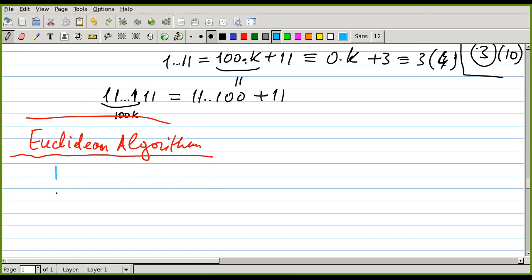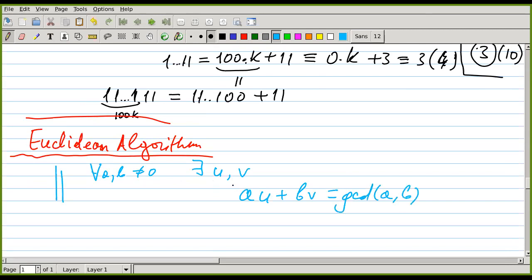We know that for every a and b, which are non-zero, there exist two numbers u and v, so that au plus bv equals the greatest common divisor of a and b. Do you remember it? It was a slight generalization of Bezout's identity. Do you remember this fact?